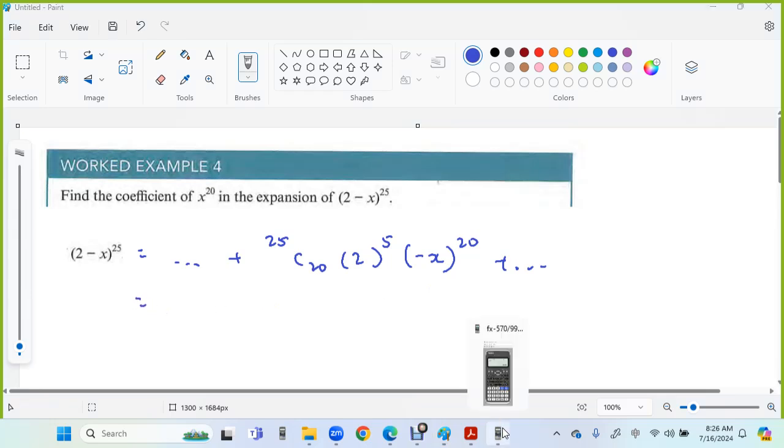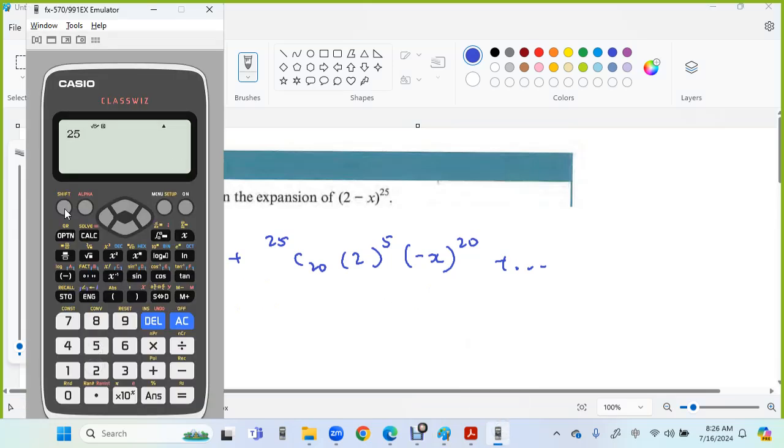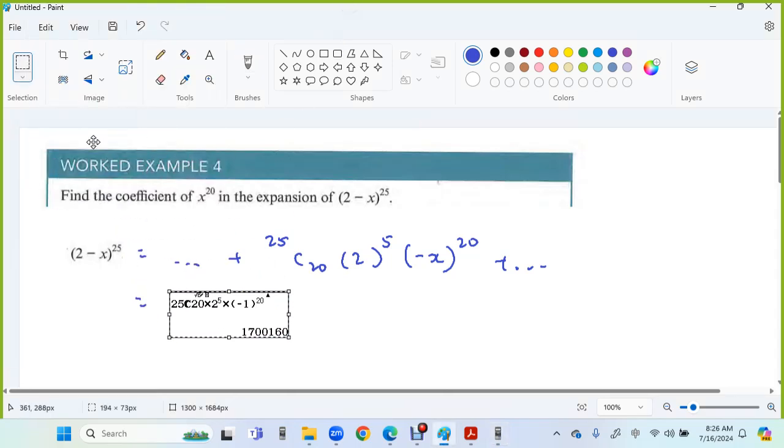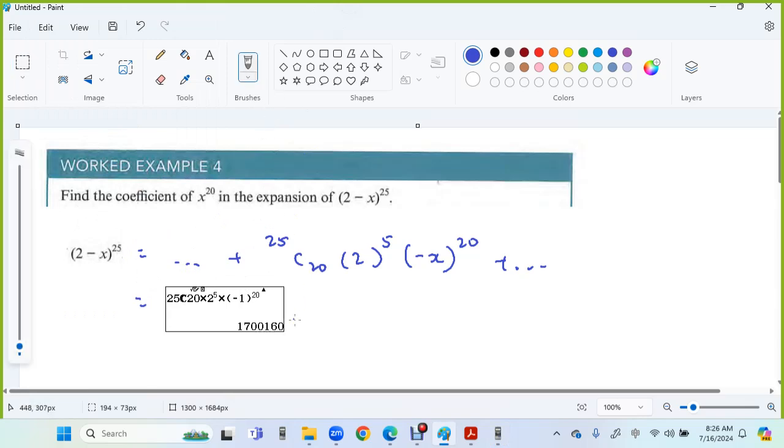Then we have 25C20 times 2 to the power 5, multiplied with negative 1 to the power 20, and then x to the power 20.